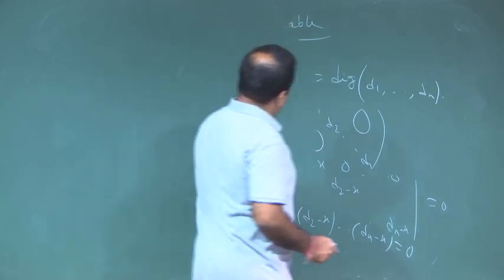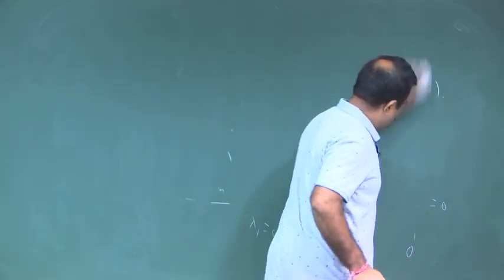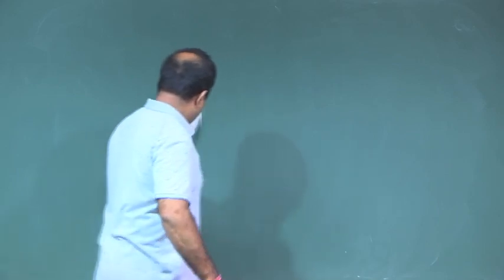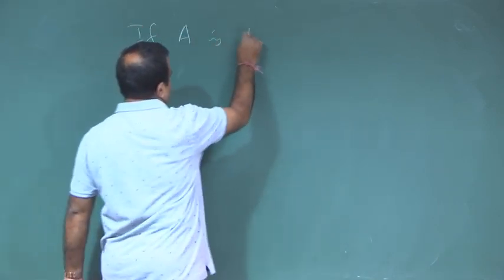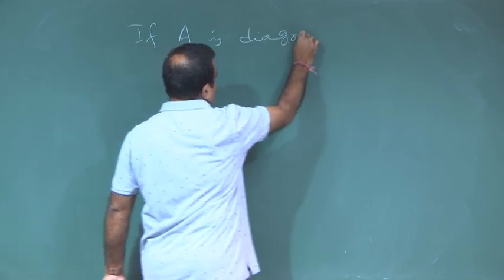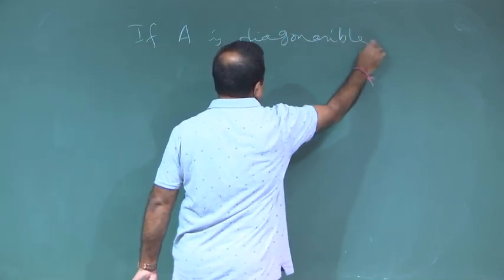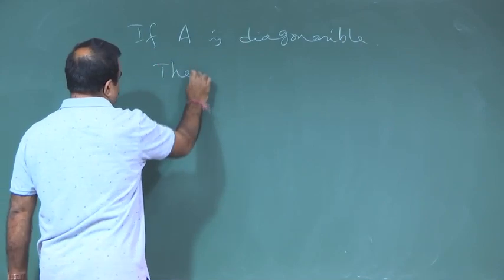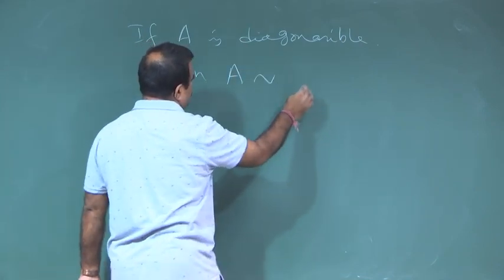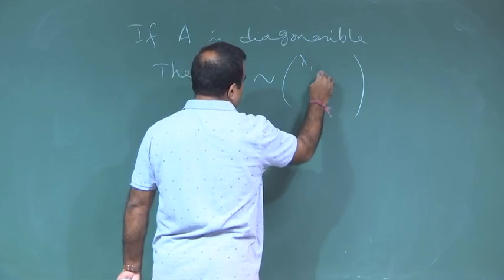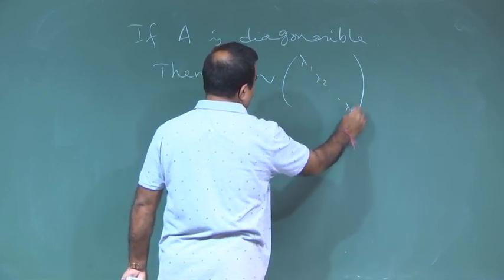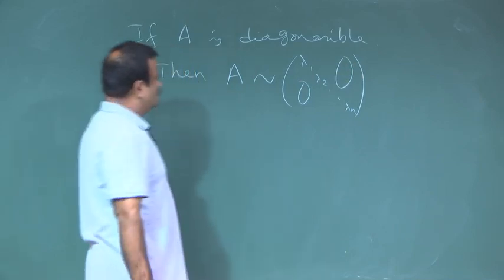Okay. So if A is diagonalizable, then A will be similar to the diagonal matrix with lambda 1, lambda 2, lambda n on the diagonal, and all other elements 0.